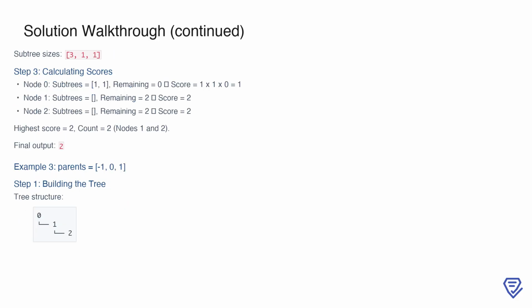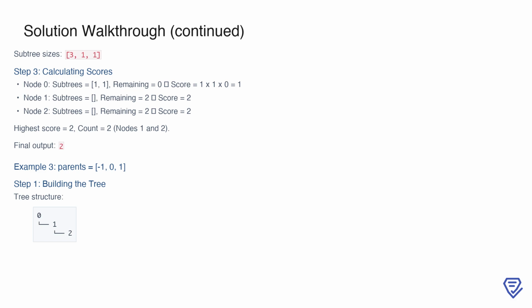In this second example, we have a simpler tree structure with root node 0, which has two children, nodes 1 and 2. Using postorder DFS, we find that nodes 1 and 2, being leaf nodes, each have a subtree size of 1. The root node 0 has a subtree size of 3, which includes itself and its two children. With these subtree sizes, we calculate the scores.